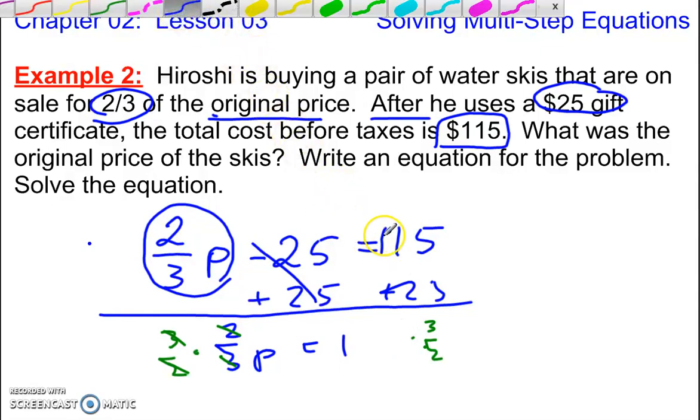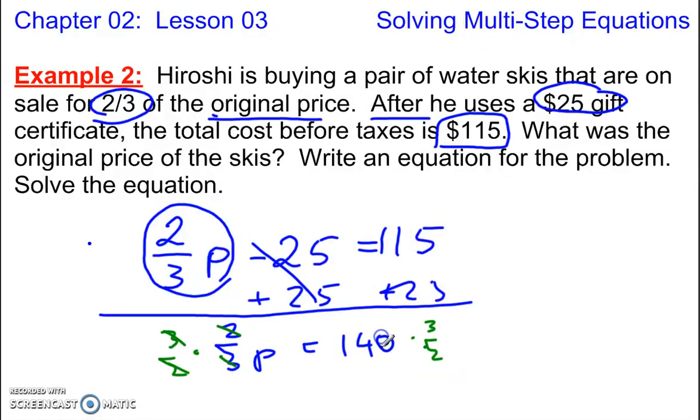I was getting ahead of myself. 115 plus 25 is 140. Times 3 is 420. Divided by 2 is 210. The original cost of the skis was $210.